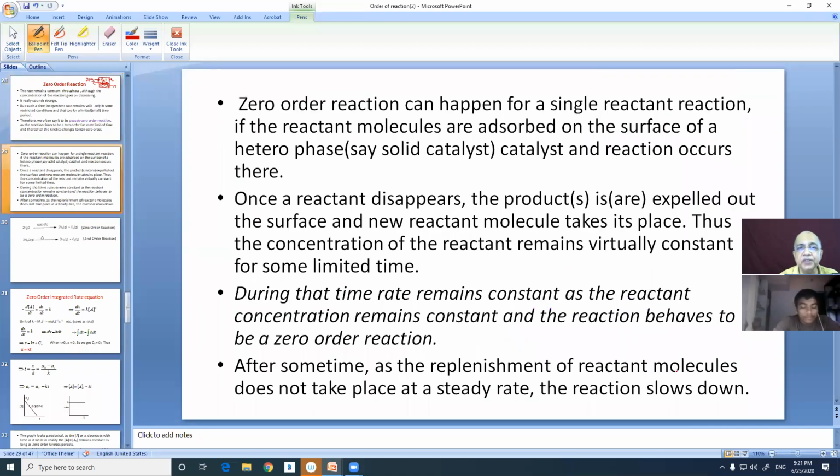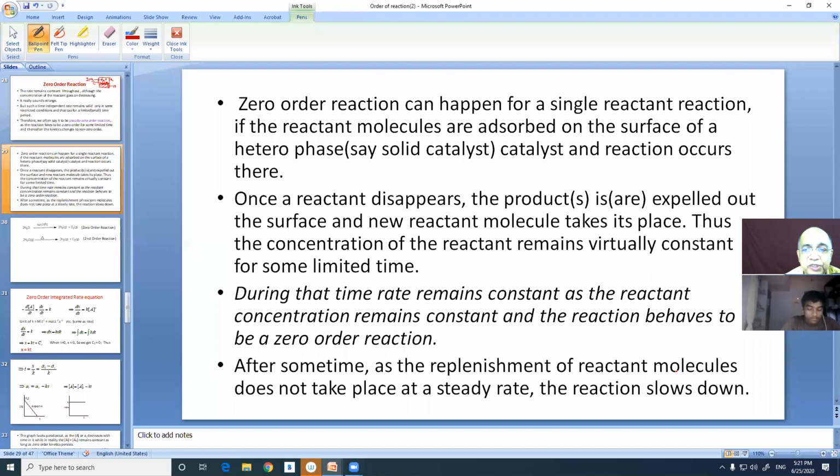Then the second page: a zero order reaction can happen for a single reactant reaction if the reactant molecules are adsorbed on the surface of the heterophase catalyst and the reaction occurs there, that means on the surface of the catalyst. Once a reactant disappears, the product is expelled from the surface and new reactant molecules take their place.